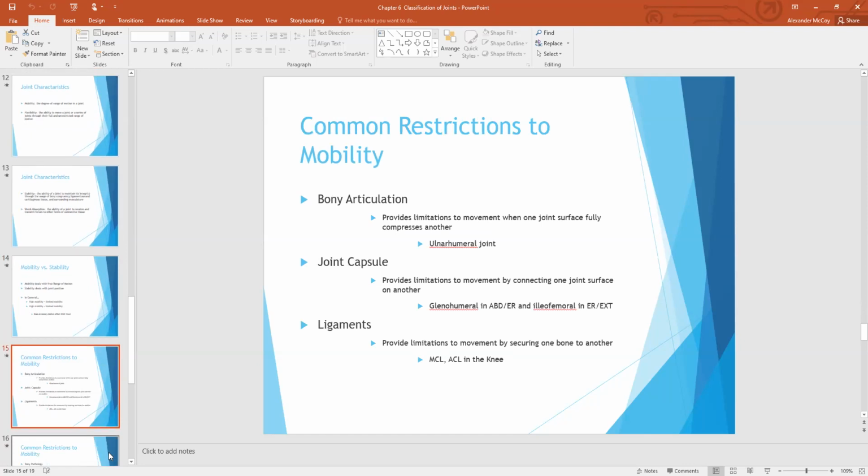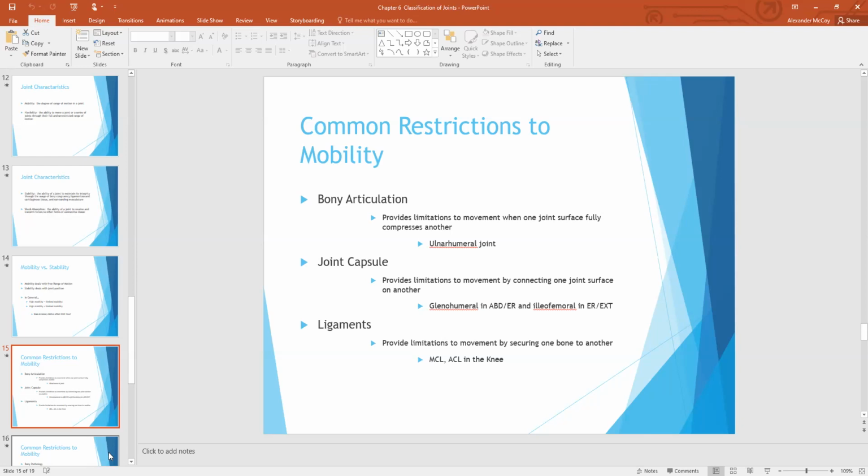All right, so let's talk about things that might restrict mobility. Some might be bony, so it's structural. There's a bony articulation that provides a limit to a movement when one joint surface fully compresses into another. Think about whenever you straighten out your elbow. Now, there's a caveat to this, but there's a key-like structure at the end of your elbow that hooks into your humerus.